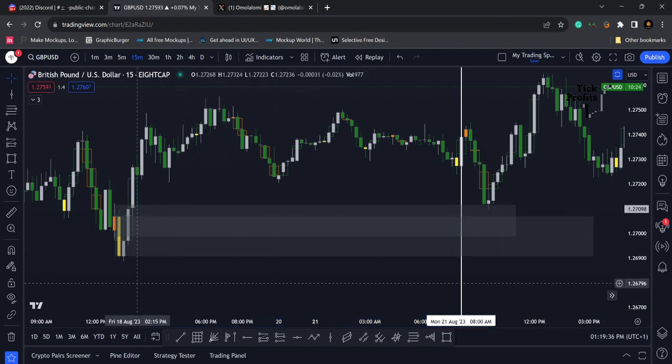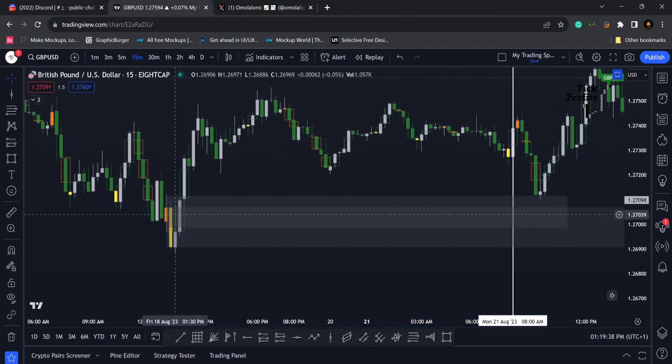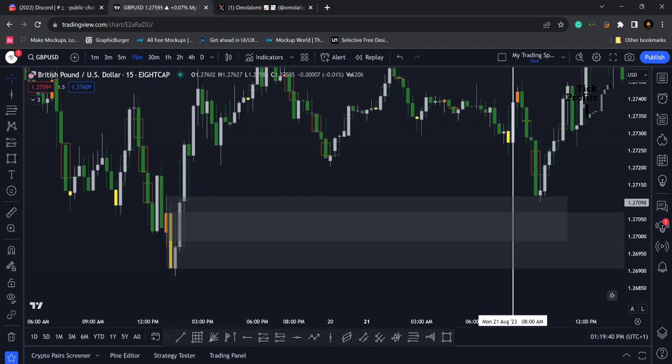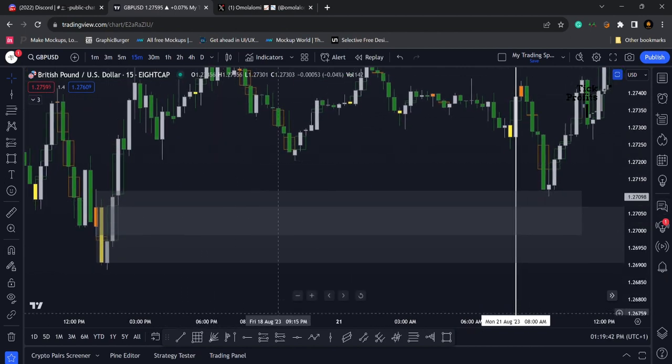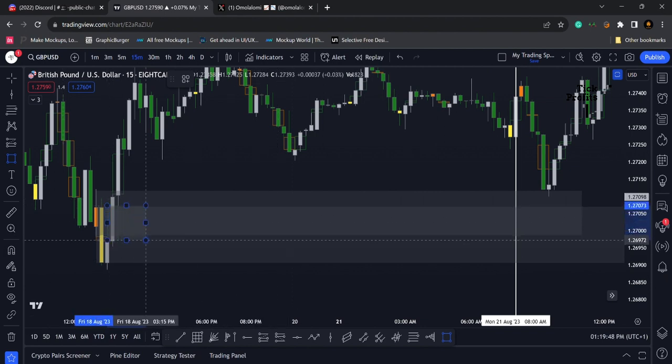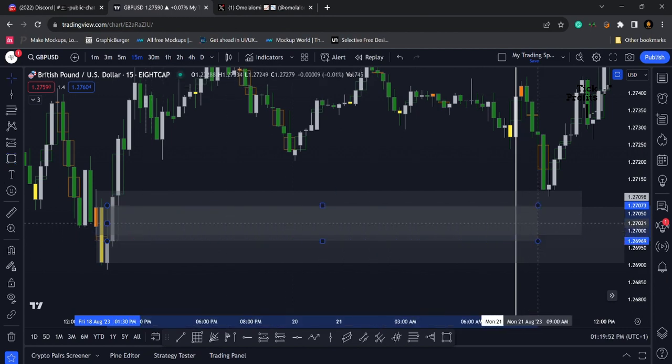We can also see that inside the breaker block, we can see a fair value gap. This is a fair value gap. So the indicator helps you to mark out fair value gaps and other blocks.